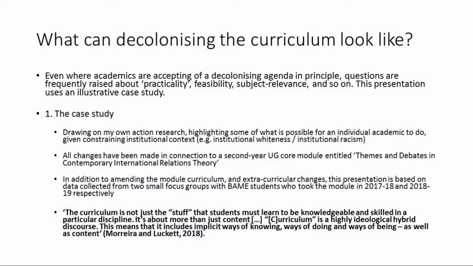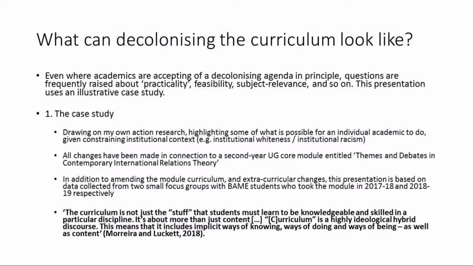So the case study is based on a small action research project that I've done as part of my postgraduate certificate in learning and teaching over the last year here at DMU, where I explored the changes I had made, completely separately from that PG cert, through small focus groups with BAME students who had taken this module, Themes and Debates in Contemporary International Relations Theory.